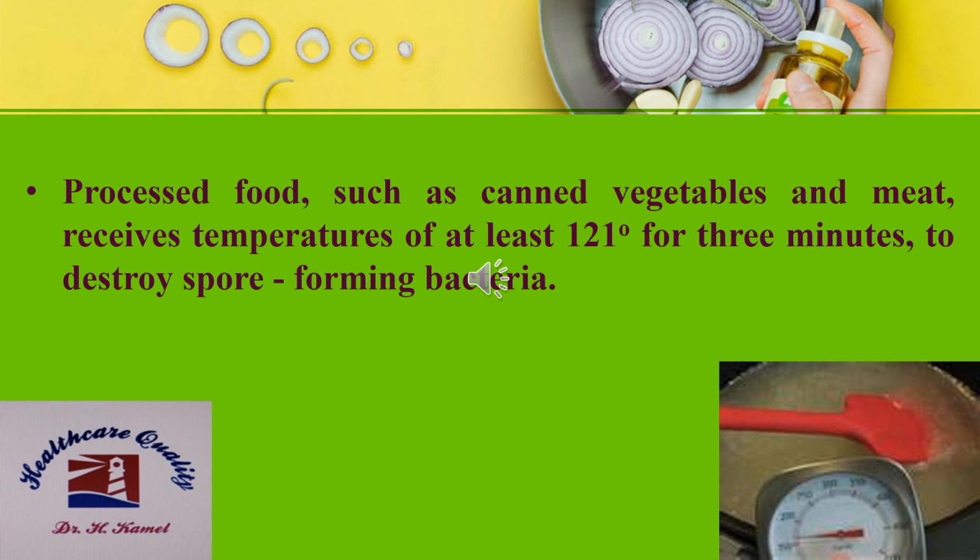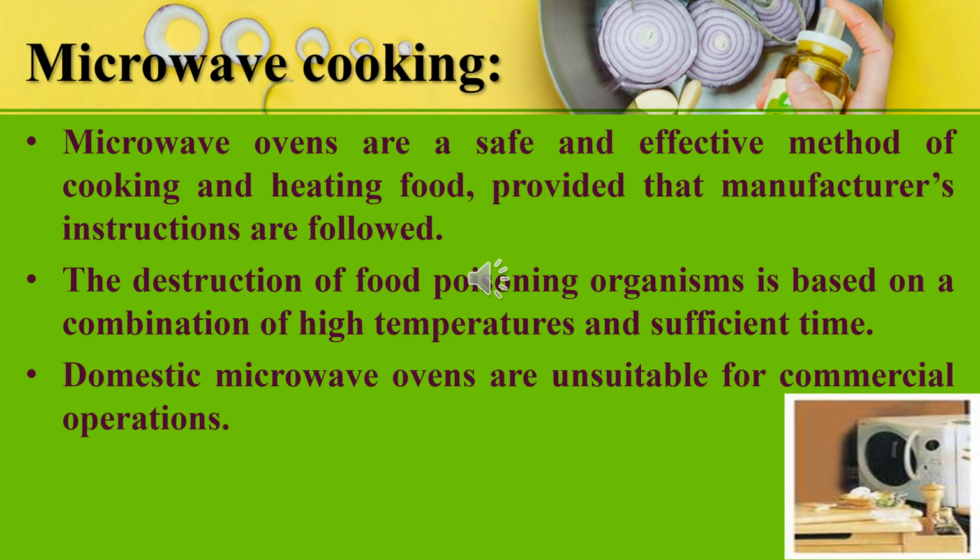Processed food, such as canned vegetables and meat, receives a temperature of more than 120 degrees centigrade for 3 minutes to destroy spore-forming bacteria. Microwave cooking.